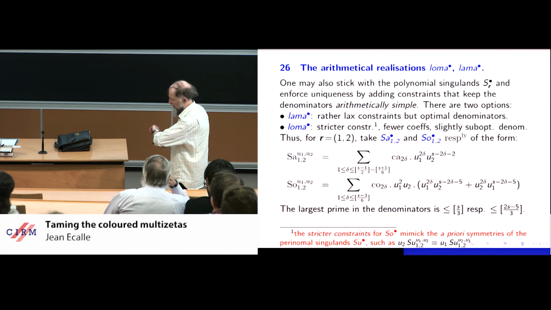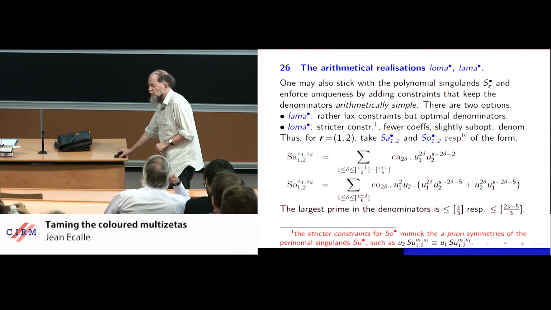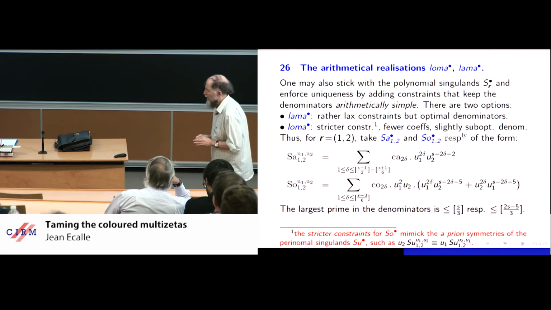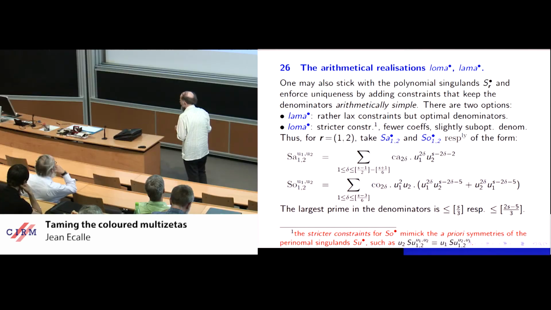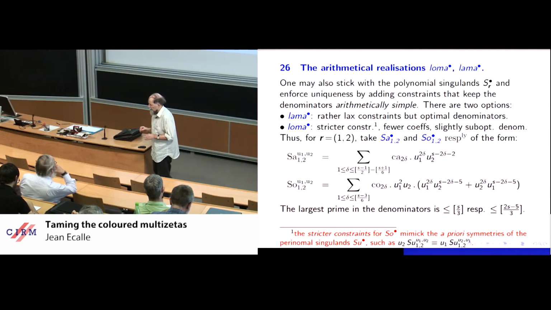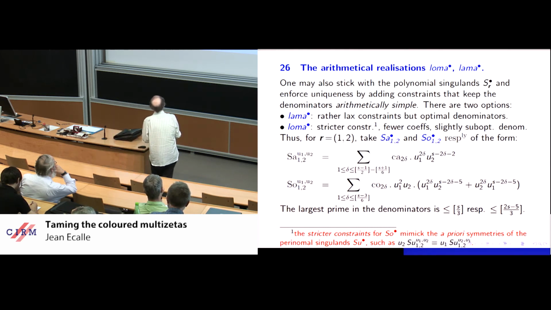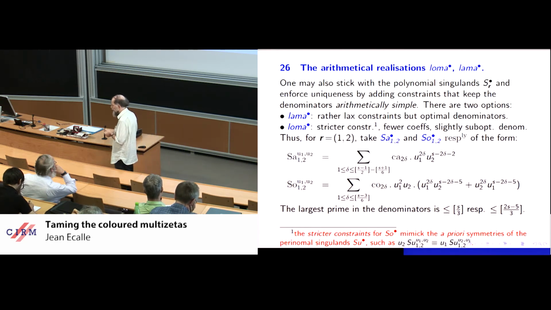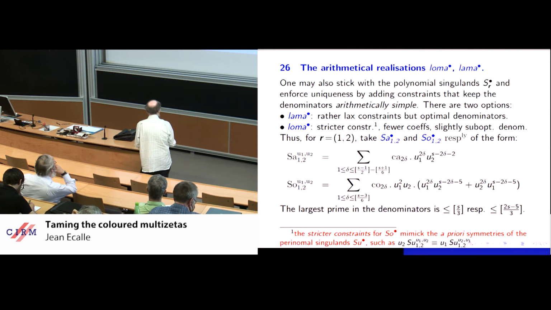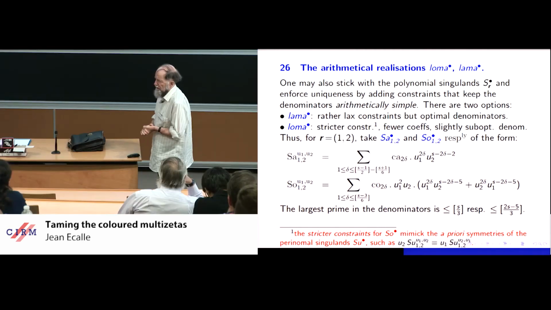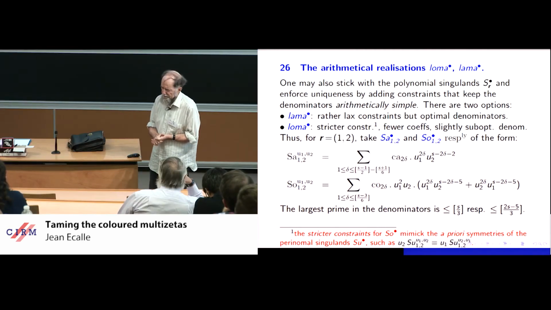Now, there's another way of doing that. I cannot go into that, just mention one point. Instead of enforcing rigidity by going to polars, to meromorphic functions with simple poles, you can enforce rigidity by staying with polynomials, but you add additional constraints.